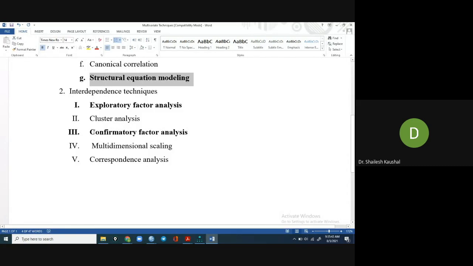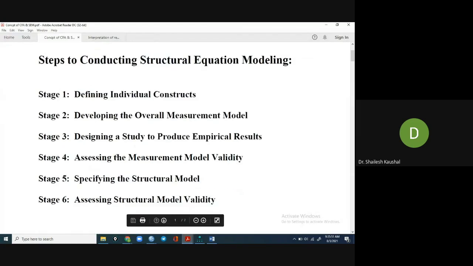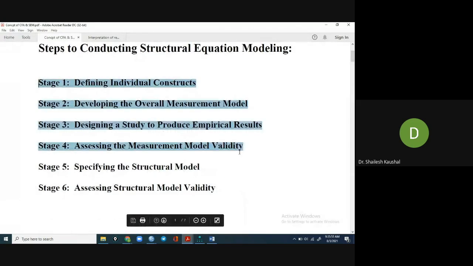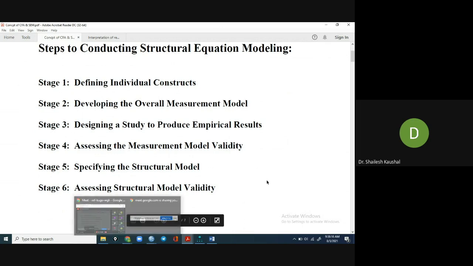So we complete our structural equation modeling in 6 stages. The first 4 stages are related to the confirmatory factor analysis or measurement model. Once the measurement model is valid, then we move to stage 5 and stage 6. Yesterday I told you about exploratory factor analysis.